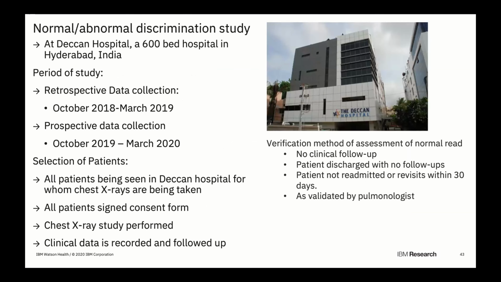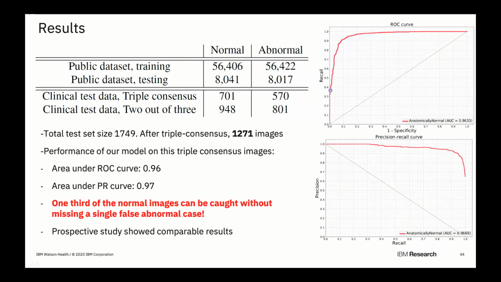The normal abnormal discrimination study was something that we conducted using international data sets, where we trained our model on US data sets, and then tested it in international settings. So this was done under an appropriate IRB.